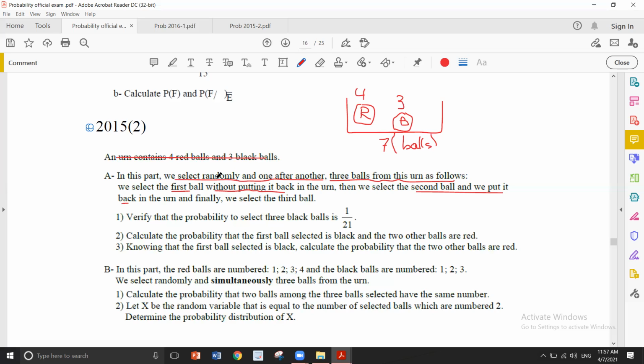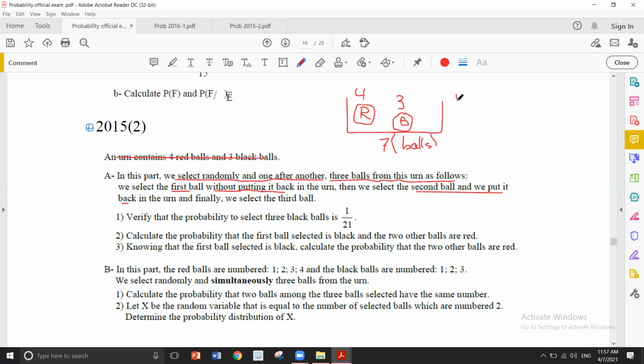So we are taking 3 balls in order. We keep the first ball outside. Then we take the second ball and replace it. Then we take the third. You understand? The first ball we don't replace.